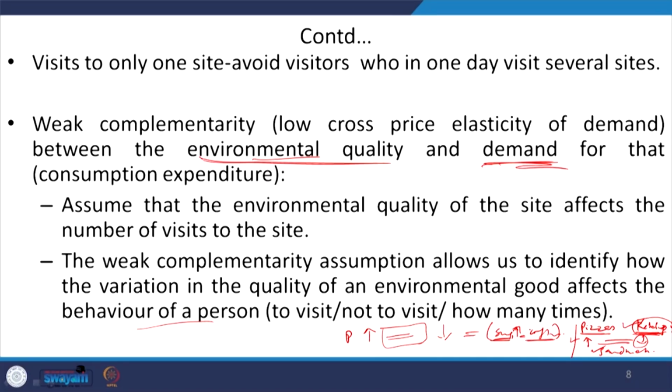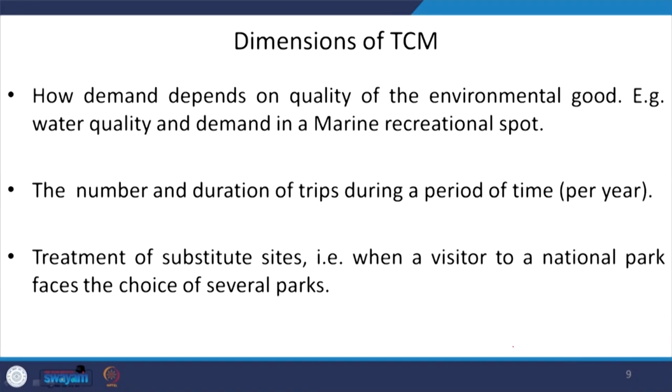Earlier the average visitation rate was 10 times a year, now it has decreased to only once. So the weak complementarity assumption can identify how variation in the quality of an environmental good can affect a person's behavior, whether to visit or not, and if they are visiting at all, whether they reduce or increase their visits.